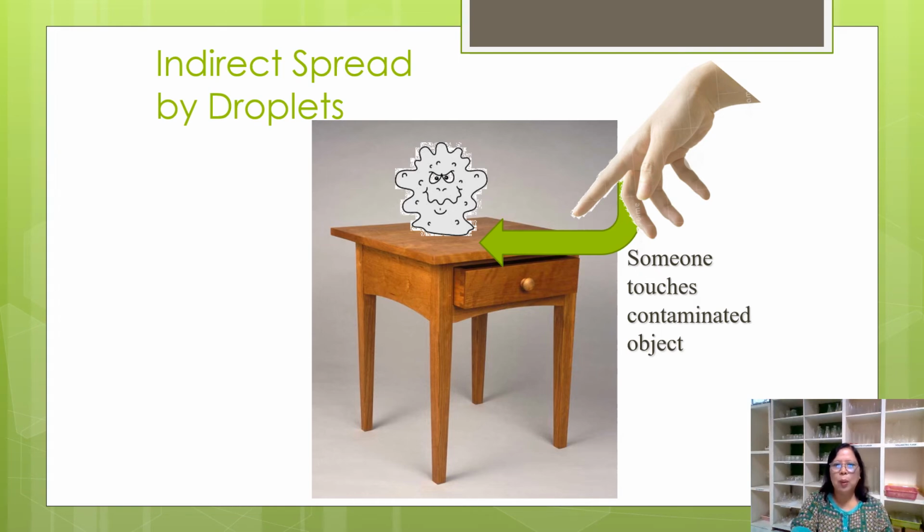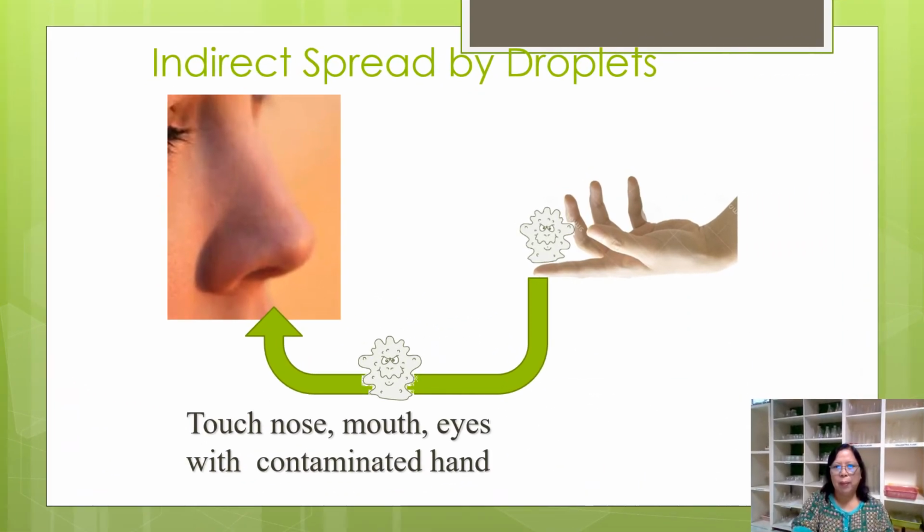So you can see now how a probable agent could contaminate or could infect a certain person. Just a droplet from table to table, directly from hand to nose. Just a simple touch is dangerous. Just a simple kiss would also be dangerous.